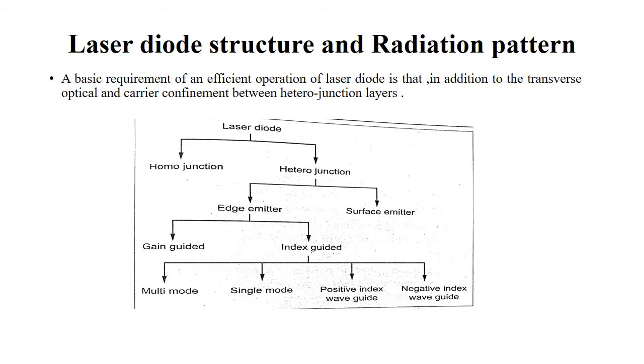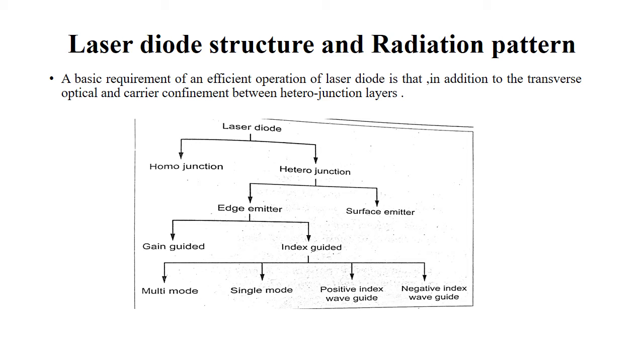So next we are going to see about the laser diode structure and radiation pattern. A basic requirement of an efficient operation of a laser diode is, in addition to the transverse optical and carrier confinement between the heterojunction layers, that the current flow must be restricted laterally to a narrow stripe along the length of the laser. So the laser diodes are divided into two types.